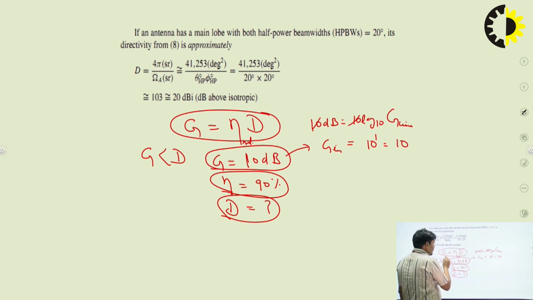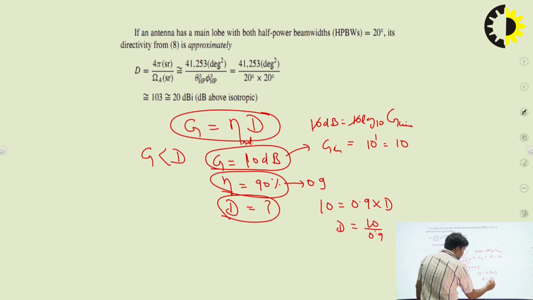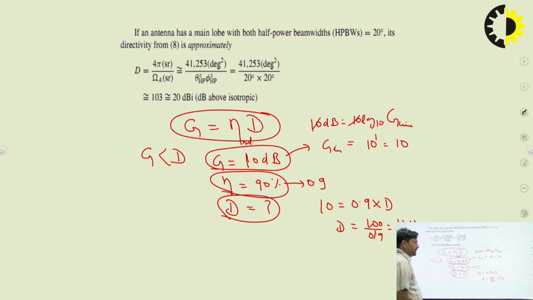Then we apply this formula: gain is equal to efficiency times directivity. The efficiency is 90%, or 0.9. So gain is 10 and efficiency is 0.9. What is the directivity? Directivity is 10 upon 0.9, which is 11.11. So the directivity of that antenna is 11.11.